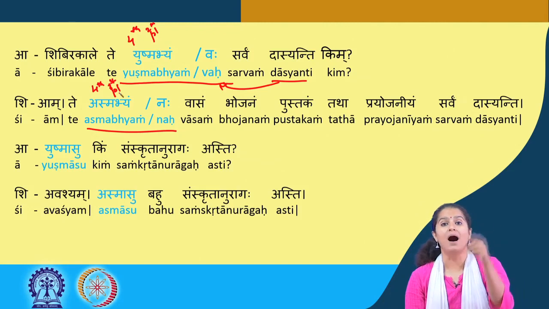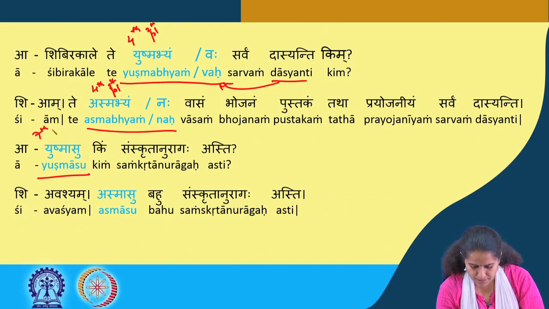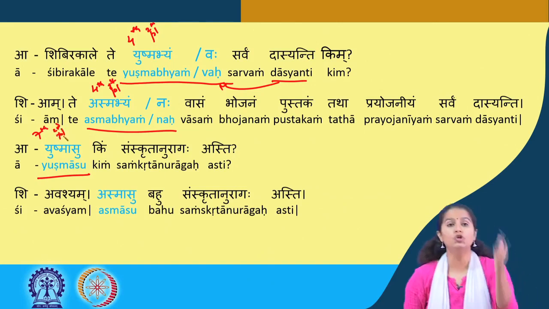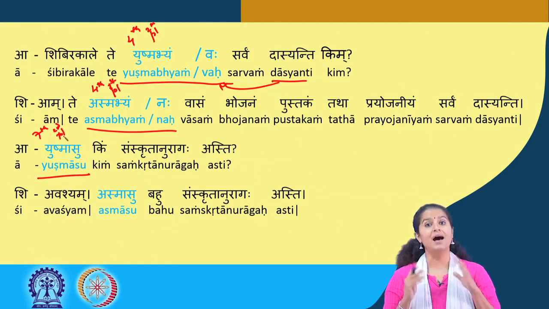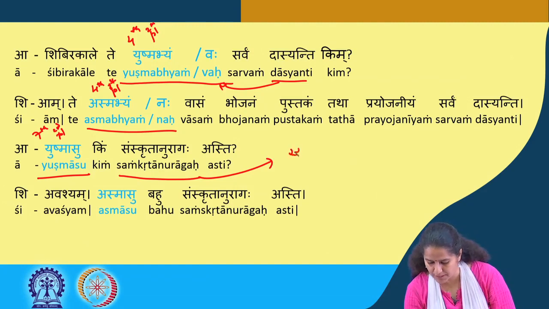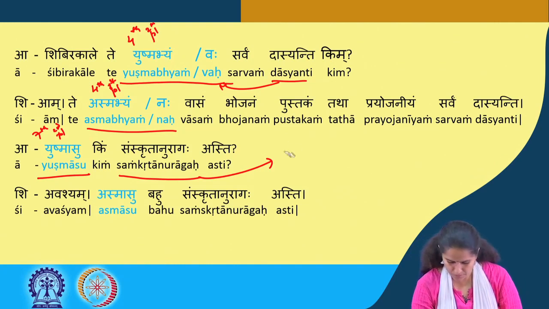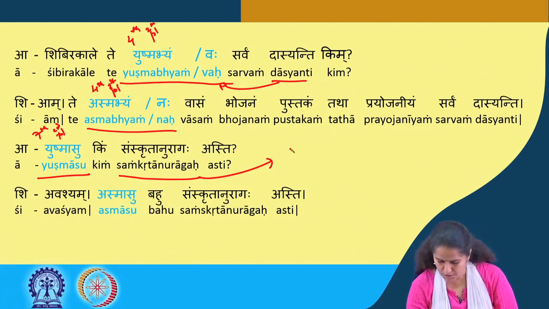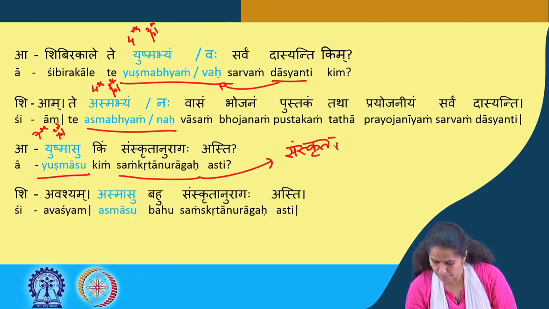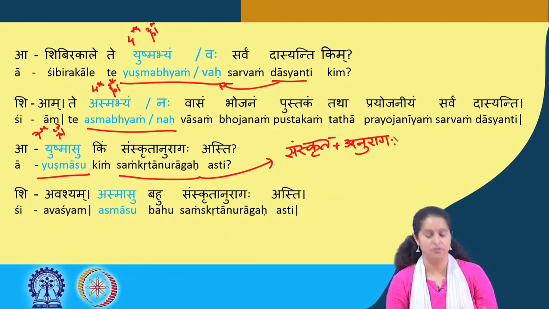Next, yushma su, which is the seventh case for the second person plural. Yushma su kim sanskritanuragah asti. So Samskritanuraga is a composite of Samskrita plus anuragaha. And I told you that we are going to be looking at different kinds of sandhis.